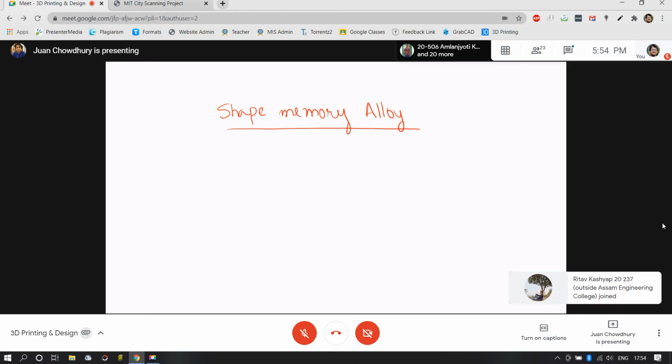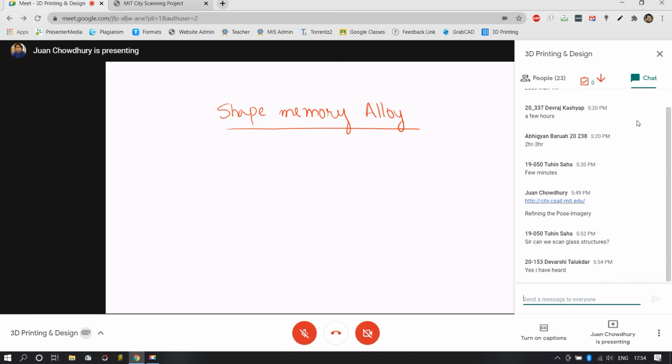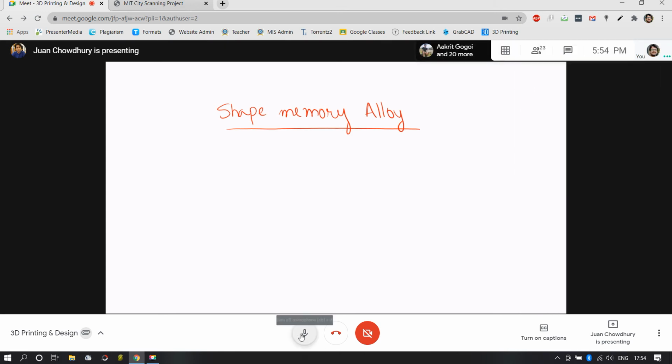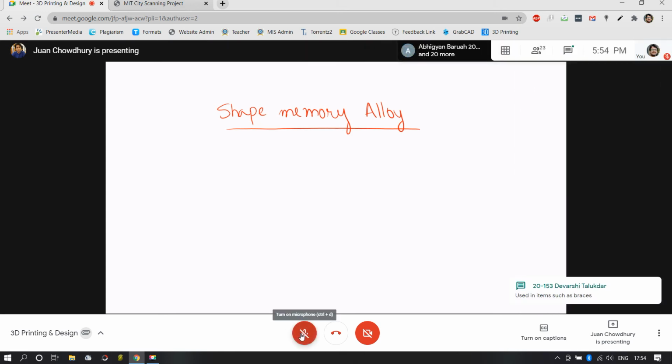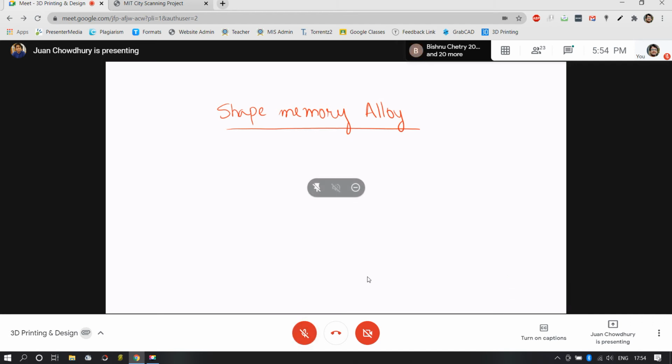I don't need a proper definition, but what's your notion about shape memory alloy? You can unmute directly and say. Used in items such as braces. Okay, braces for teeth, if I'm right. I have not heard about the use. All right, never mind, not a problem.